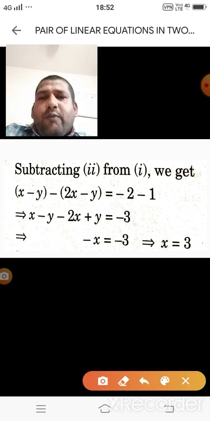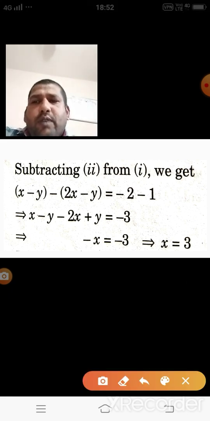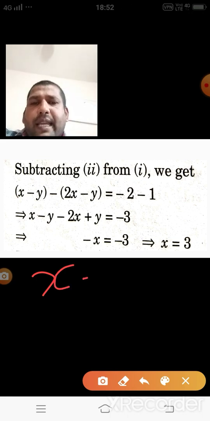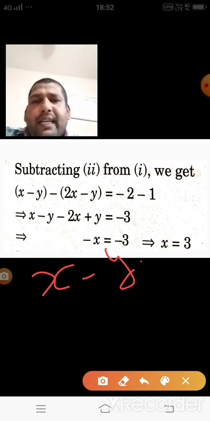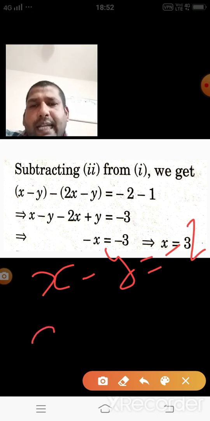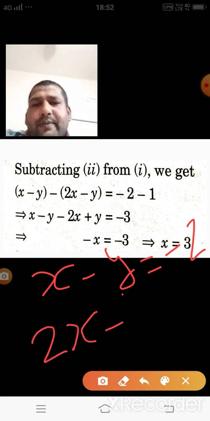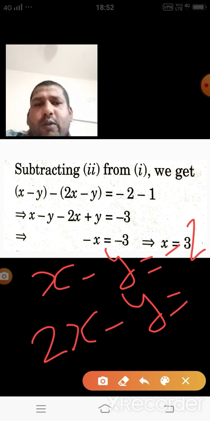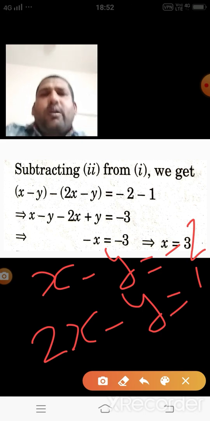What we are observing in these two equations is that the coefficient of y is the same: 1 and minus 1.